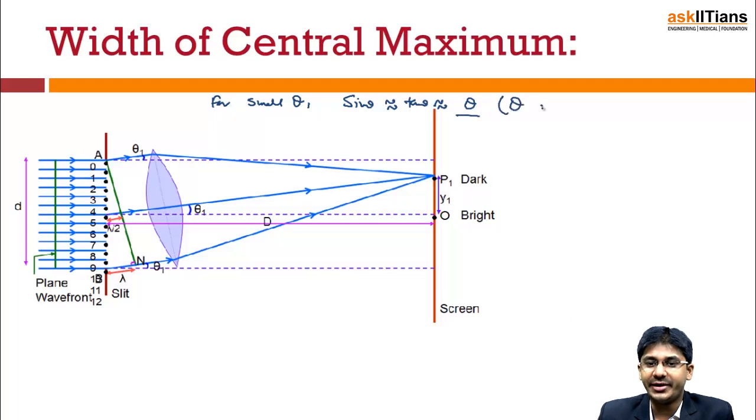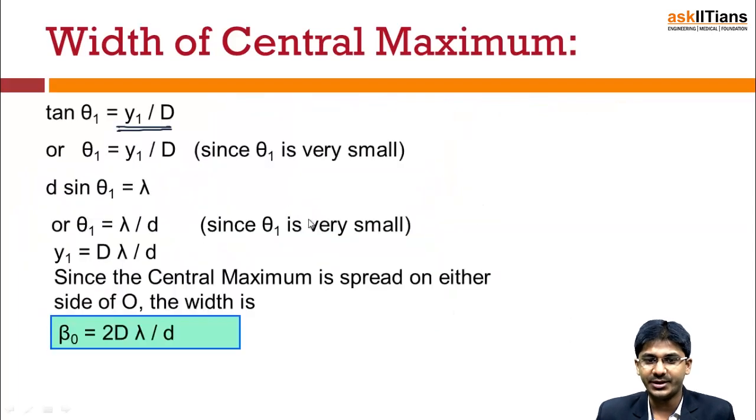Here theta is in radians, not in degrees, so you have to keep this in mind. So what is tan theta 1? This is y1 by D. This length is y1, this length is D. So tan theta is perpendicular by base, you get y1 by D.